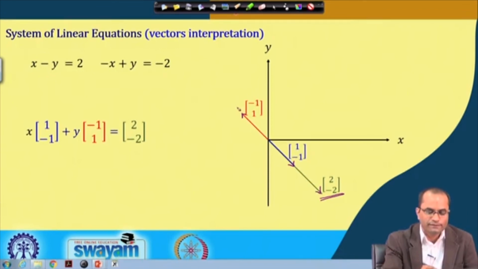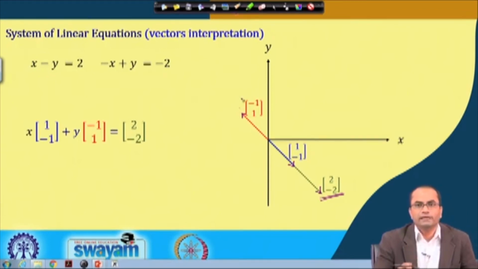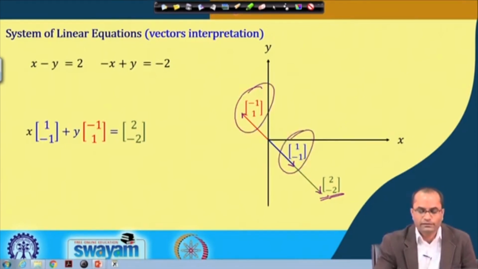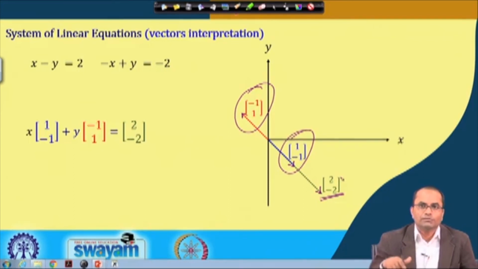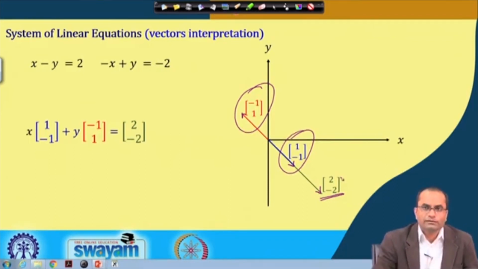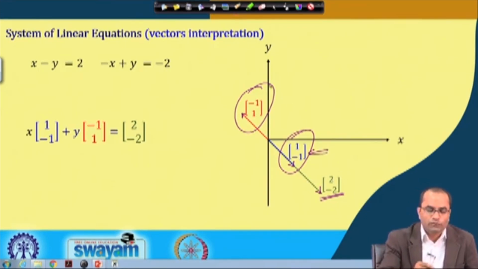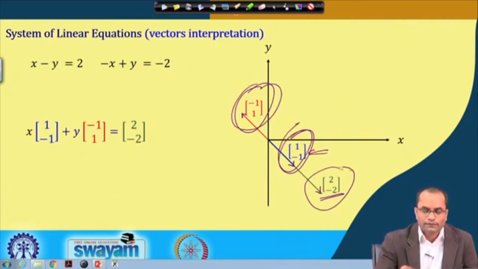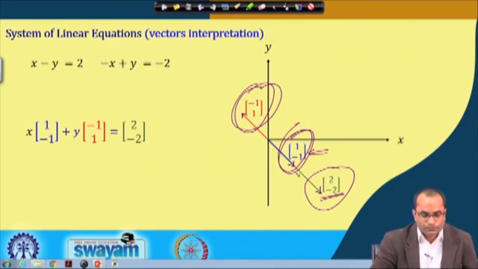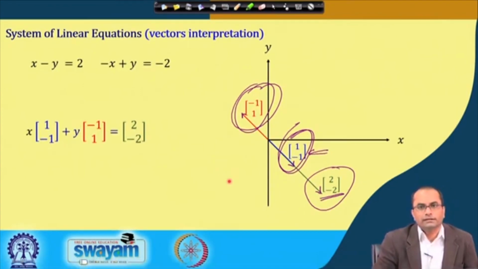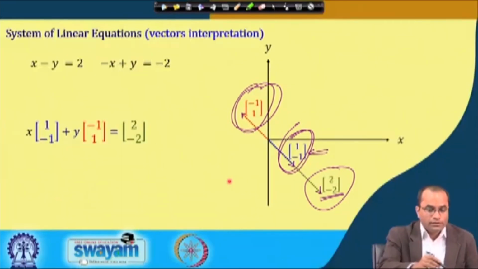There are infinitely many possibilities to have this linear combination of these two vectors to get this vector 2 and minus 2, because this is parallel to the given vectors. So, from the vector interpretation as well, we can see that there are infinitely many solutions in such cases.